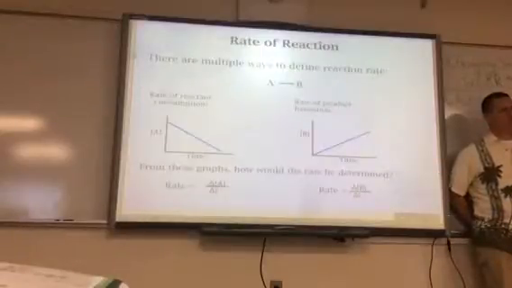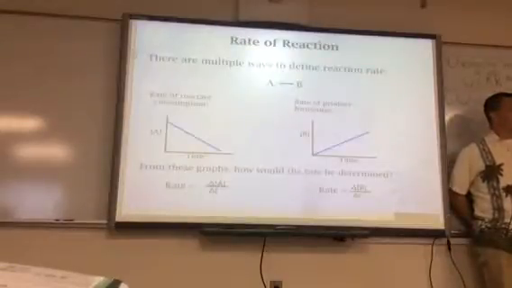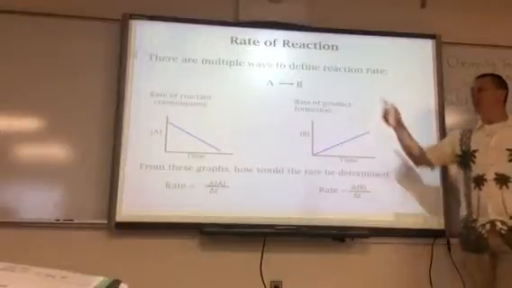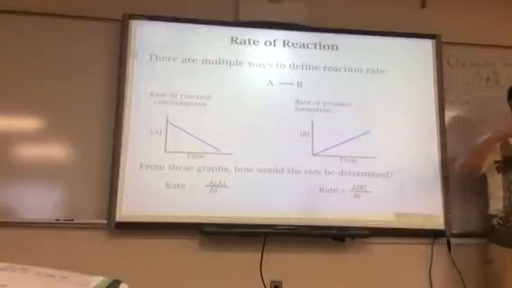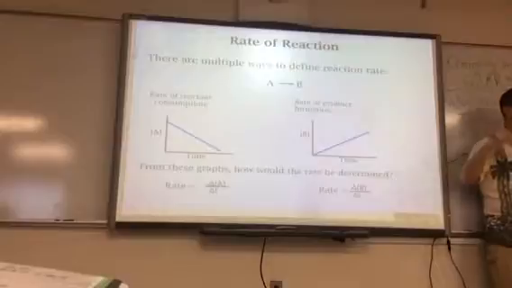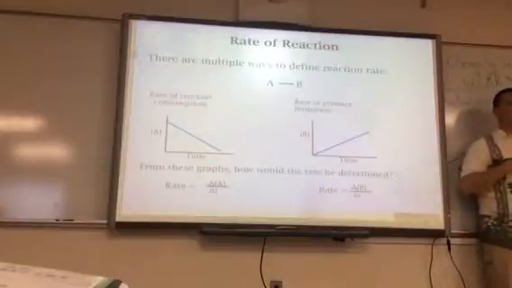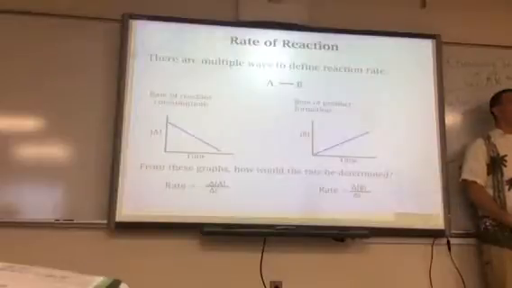David? No. If whichever, A or B, is easier to monitor, like I say, if one of them has color and the color's going away, or if it's a gas and you can monitor the pressure of the gas, that kind of thing.